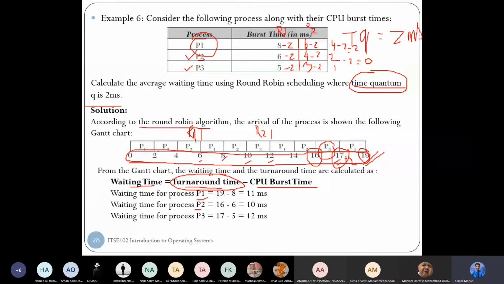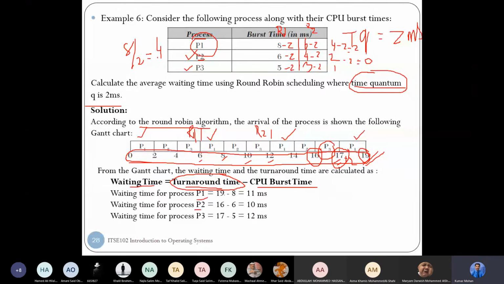Just tell me how many times P1 will come. 1, 2, 3, 4. You know why? 8 divided by 2 will be how many? 4.